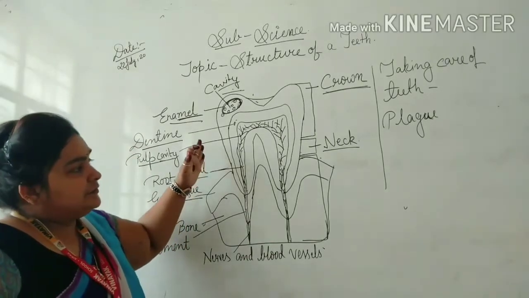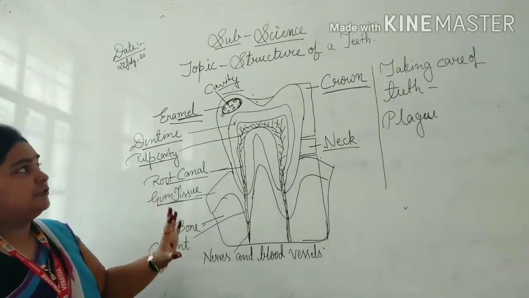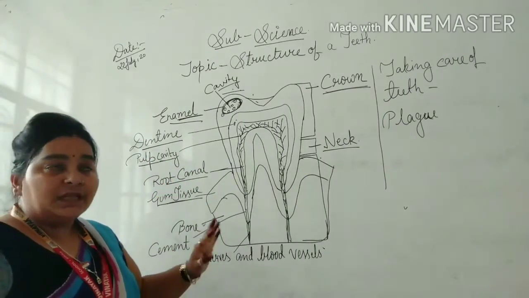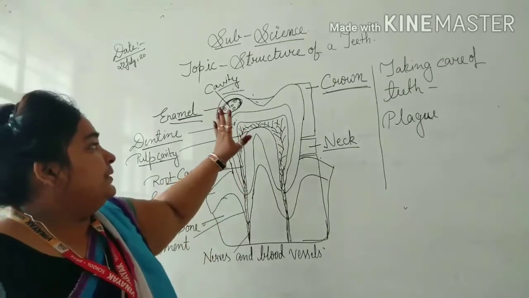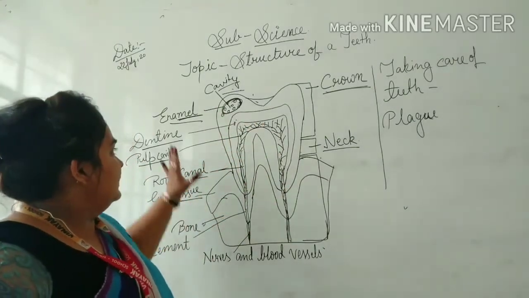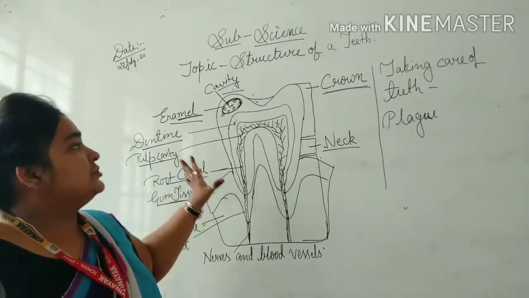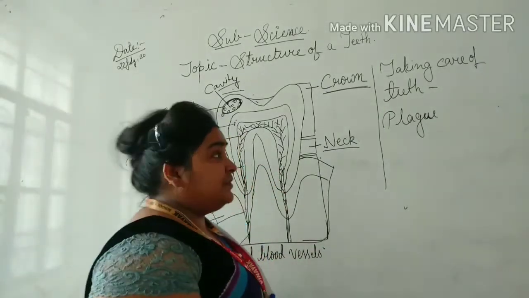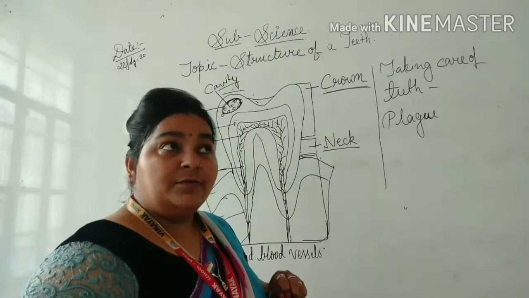As I have drawn a structure of teeth for you, you can complete this structure in your notebook and show the different functions of those particular parts, and then how we should take care of them, which is also important.